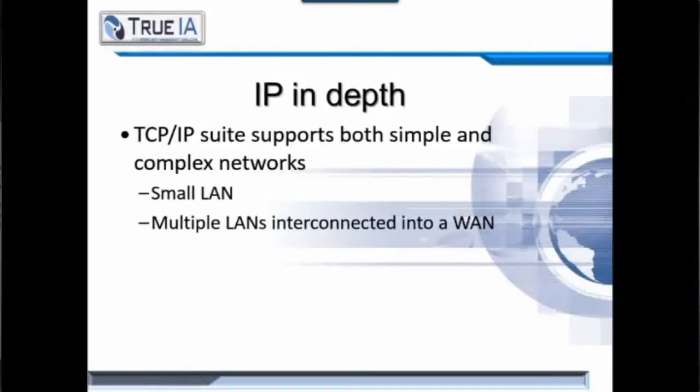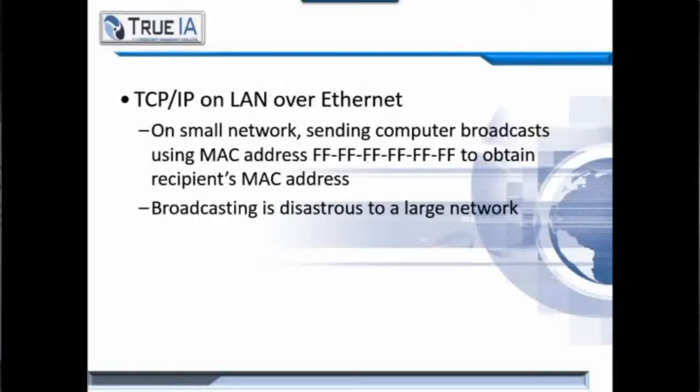Now, let's take a little deeper look at the Internet Protocol. The TCP/IP suite supports both simple and complex networks. With TCP on a LAN over Ethernet, it's a small network sending computer broadcasts using the MAC address. Broadcasting is disastrous, however, on a large network.